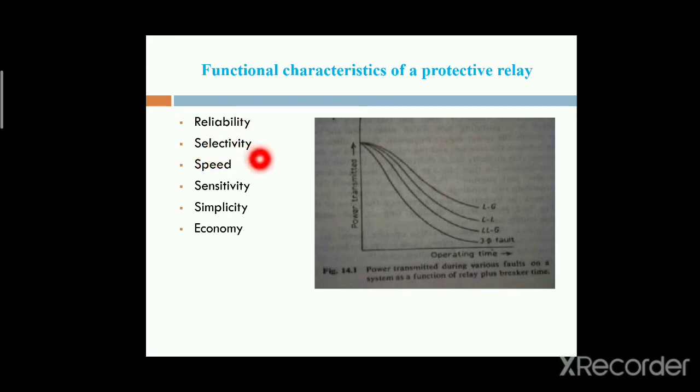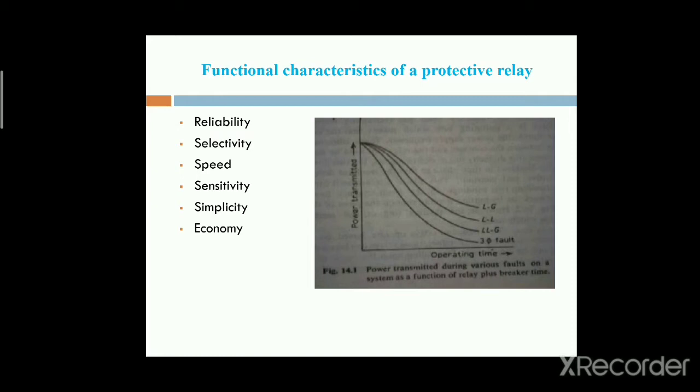Next one is the selectivity. Correctly select the faulted portion without disturbing the healthy portion. Selectivity means that we correctly select the faulty portion without disturbing any healthy portion.